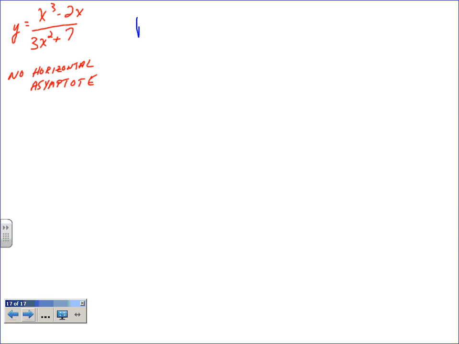Let's say we have a polynomial. And let's say we have x squared plus 5x minus 6 over x squared, let's do the one we did before, plus 2x minus 3.